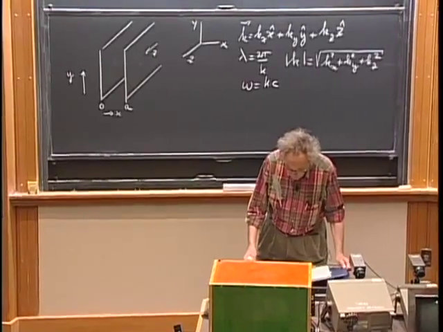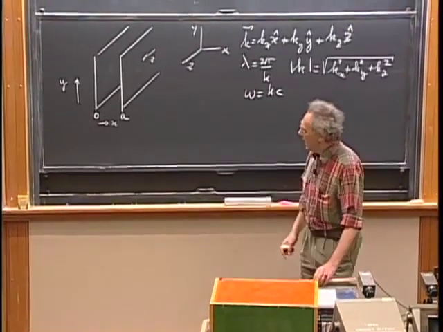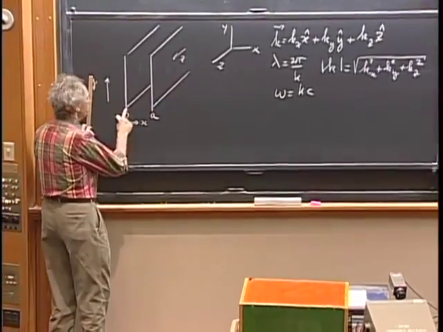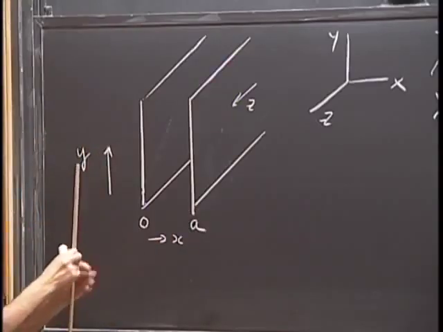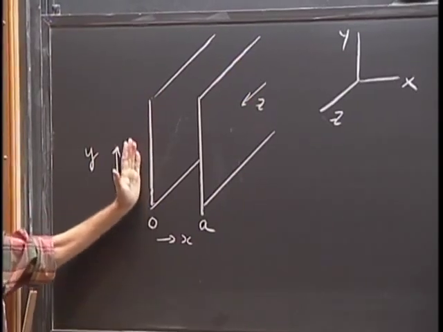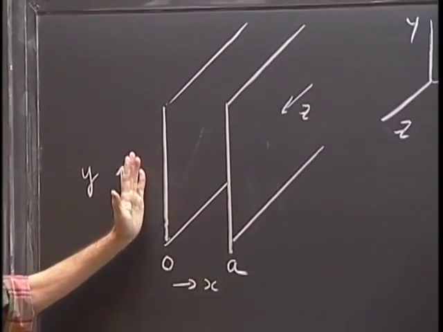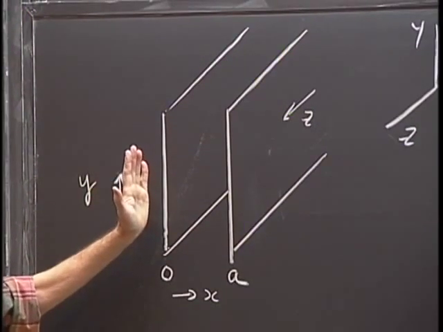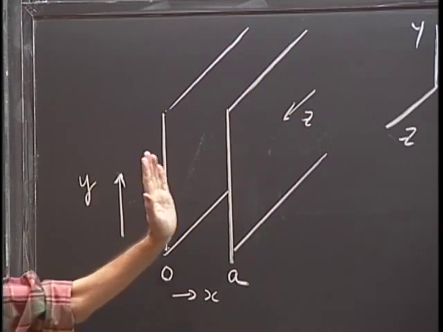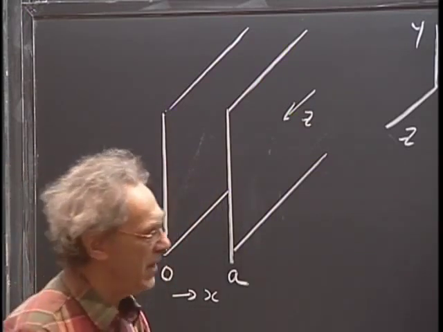So to meet the boundary conditions, the electric field, which is only in the y direction, must become 0 here and must become 0 there, because the electric field cannot be in this plane. You remember E of t, which was the tangential component at the surface of a conductor, must be 0. So E of y must vanish here and it must vanish there.